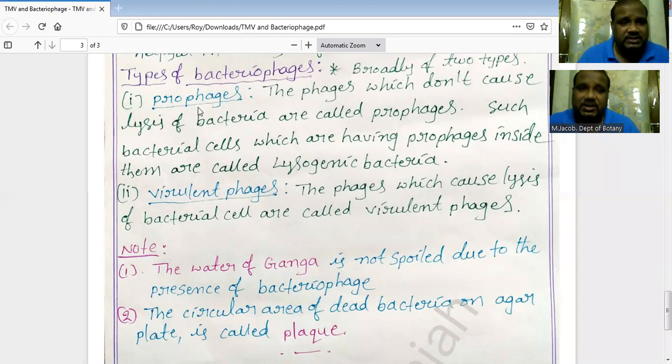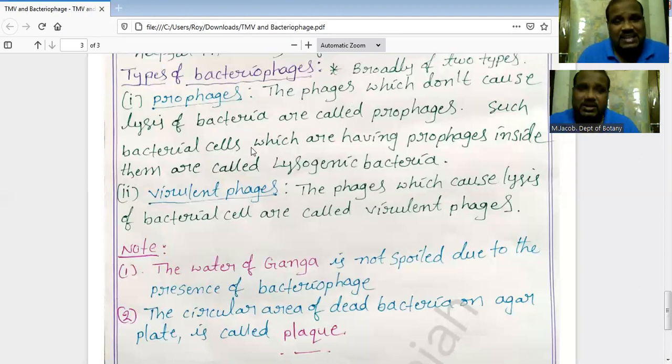So first one is prophages. What are prophages? The phages which do not cause lysis of bacteria are called prophages.